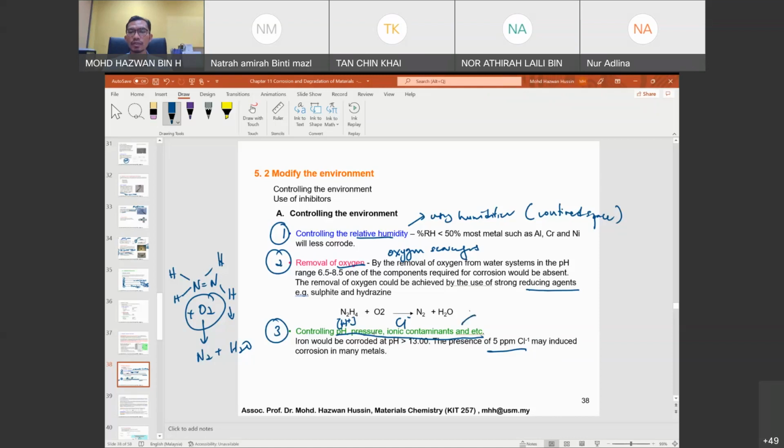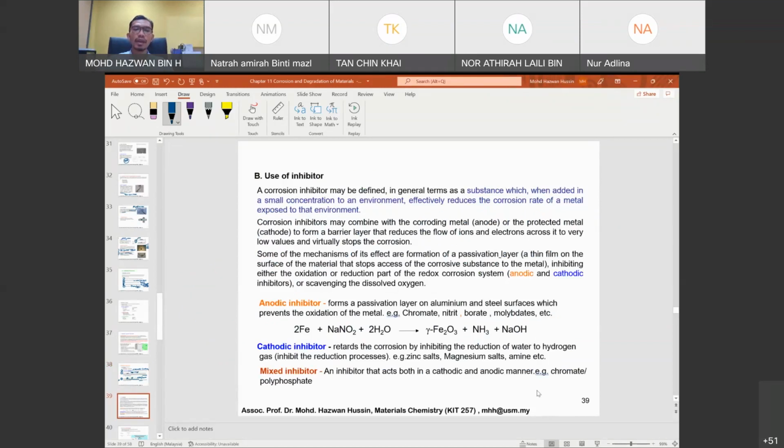That is why you need to use what? Filter, or membrane. Because in this case, the ionic contaminants can easily be discarded, and you wouldn't have other types of impurities in your saline or solution.